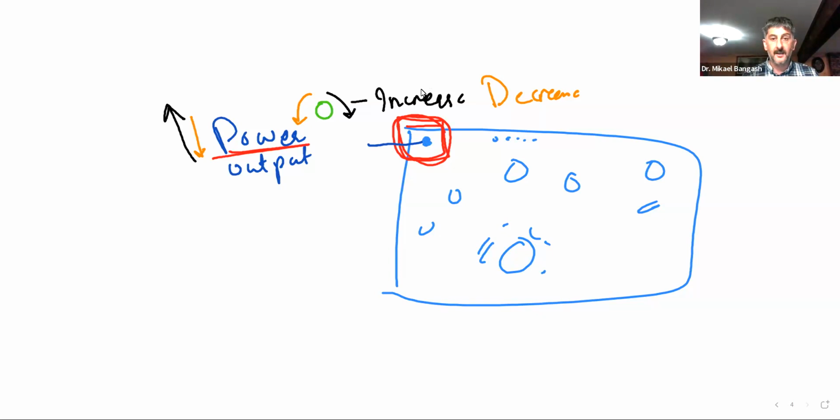It's merely turning a knob this way, or that way, that may either increase or decrease the power of the sound wave.